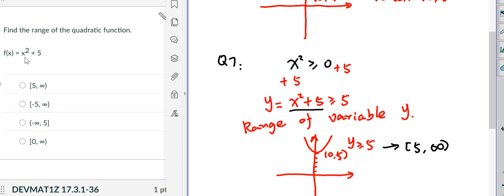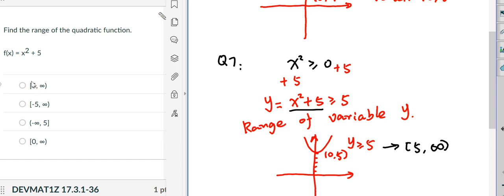The possible range for x, if we learned, the function range for x is called domain. If you want to find that range for y, then range for the function, that means we want to find out the range for y. Okay? So in this case, 5 is included.